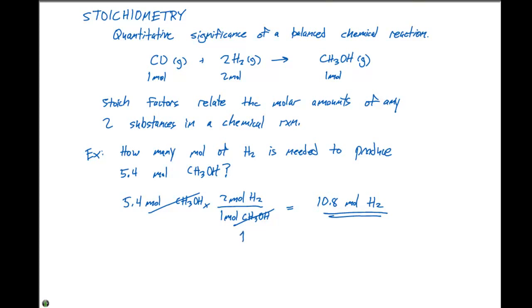And this conversion comes from the balanced chemical reaction. This is why we spent a decent amount of time balancing chemical reactions, because the balanced chemical reaction allows us to determine how much of a particular product is produced and how much of the reactant we need to produce that amount of product.